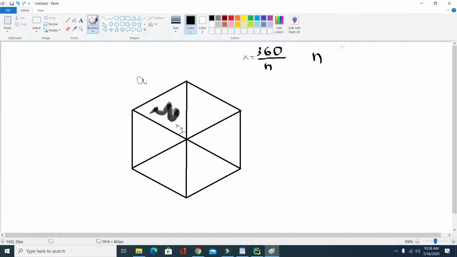We divide it into n triangles. We divide it into 6 in this case, but we want to divide by n for an arbitrary number of triangles.